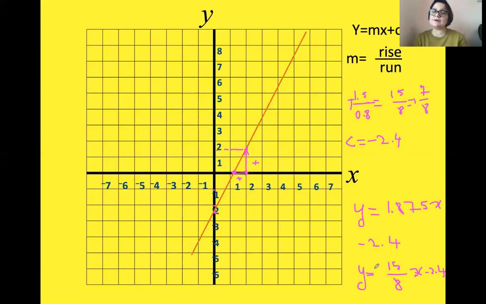And after you find the gradient, look for the y-intercept. It's going to be exactly where the line crosses the y-axis. Substitute carefully, and here you go. You'll have the perfect equation of the straight line.